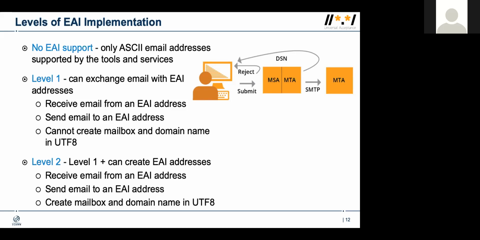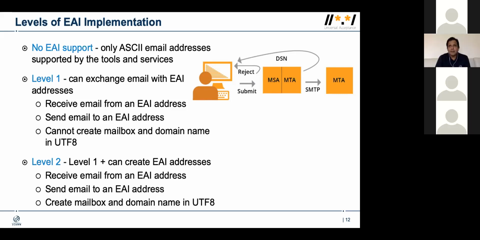Sometimes, in some mail systems, say in some email programs, you may be able to handle these. You may be able to receive emails from local language scripts, or you may be able to send it to local language script based EAI email addresses. But if you want to create your own email ID using your own language script, then that doesn't allow you.